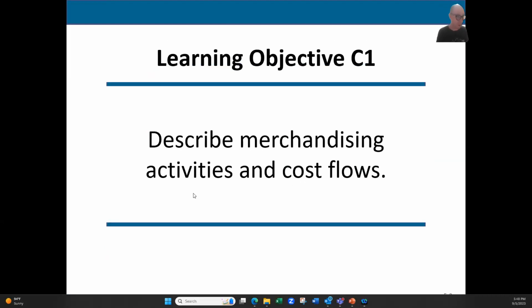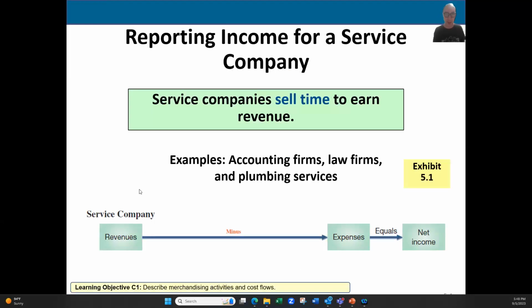So let's talk about service companies and retailers. And I want to talk about the differences between those two types of companies, because they report their revenue differently. Because as you might expect, with a service company, they're selling a service.